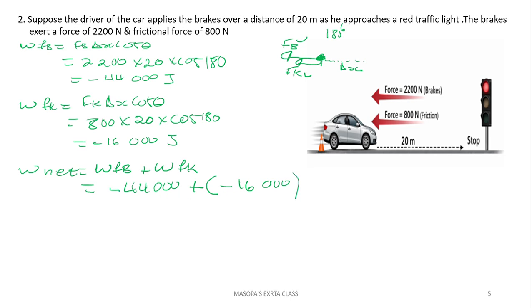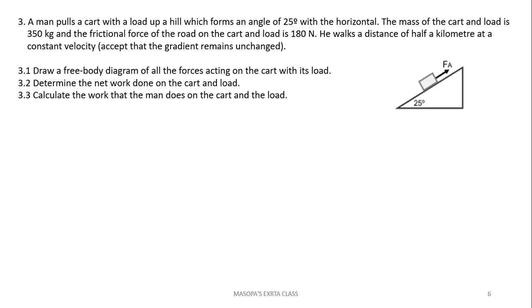So basically negative 44,000 minus 16,000, and we're getting minus 60,000 joules. That's how we calculate the net work done by the different forces acting on the object.